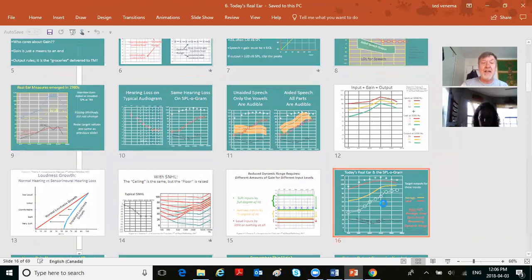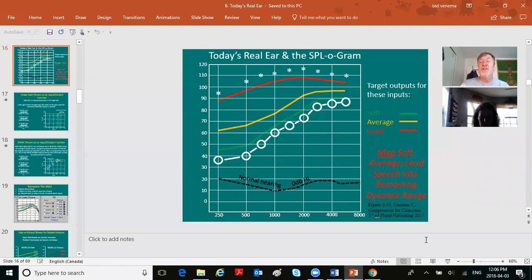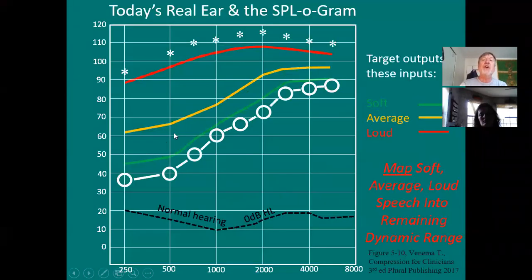Basically, today, we are generally fitting so that aided inputs, average inputs, 65 dB SPL or 55 dB HL inputs, we want those inputs to be aided so that the outputs are about 1/3 above the thresholds.